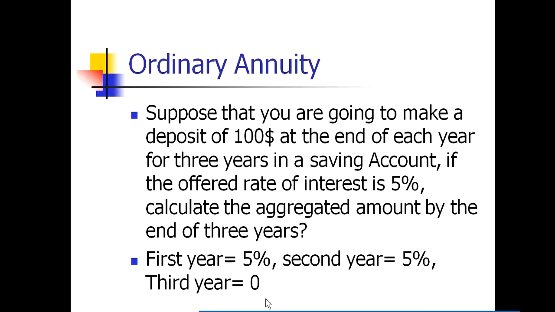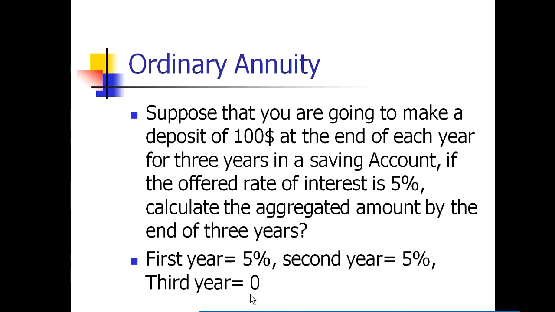So the first year payment will earn interest, and the bank is going to pay interest for the second year, while the interest for the third year will be zero. Why zero? Because the investor made the payment at the end of the third year.